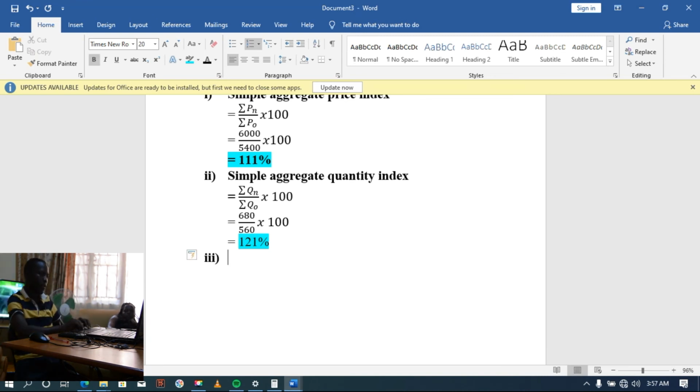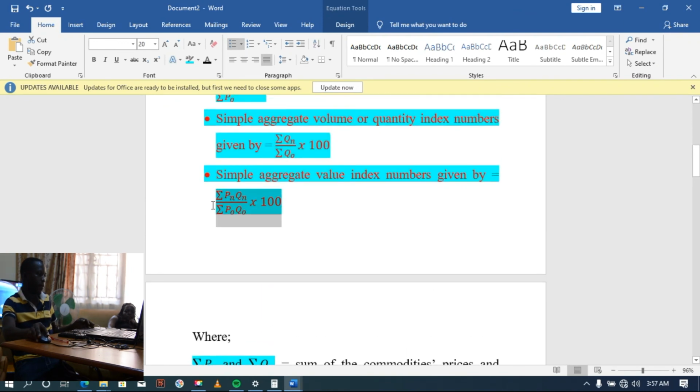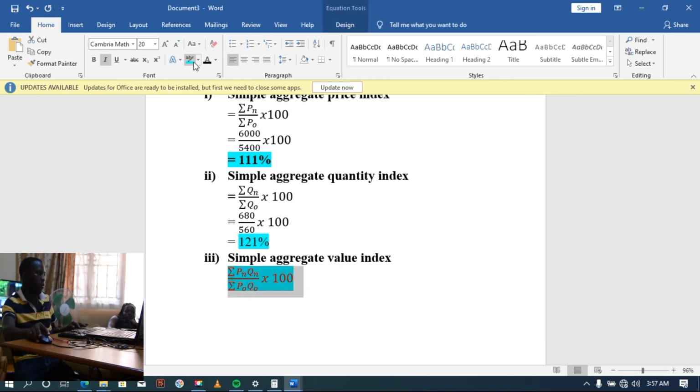So lastly, let's look at a simple aggregate value index. Basically this is given by the formula: summation Pn Qn over summation Po Qo times 100. So there we go.